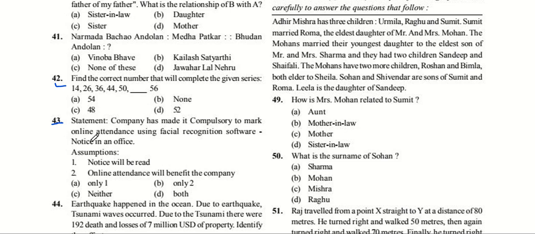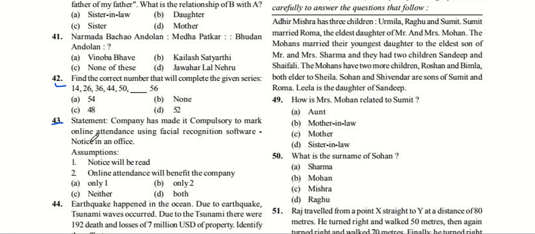This is the statement. Firstly, what you have to make sure while solving these types of statement-assumption questions is that you don't have to apply your mind. Just read whatever has been given in the question. The assumption is: the notice will be read.